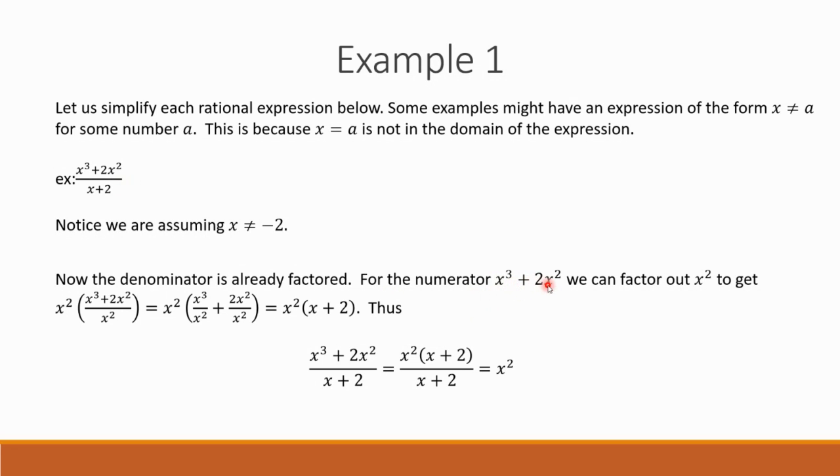The smallest exponent of x is 2, so we can factor out x squared. Factoring out x squared, what happens? We get x squared times this over x squared. That's equal to x squared times this, as you can see.